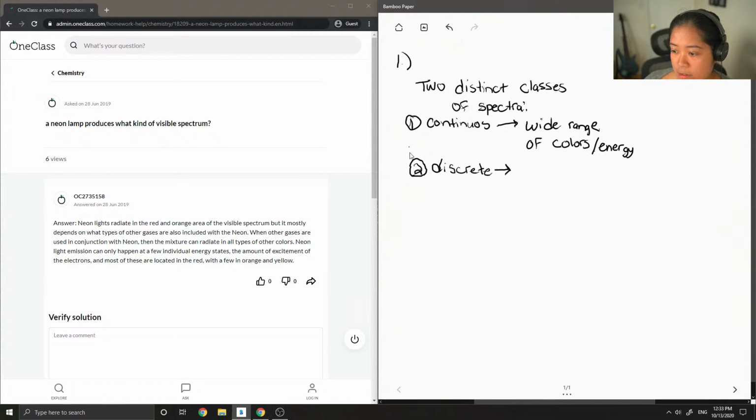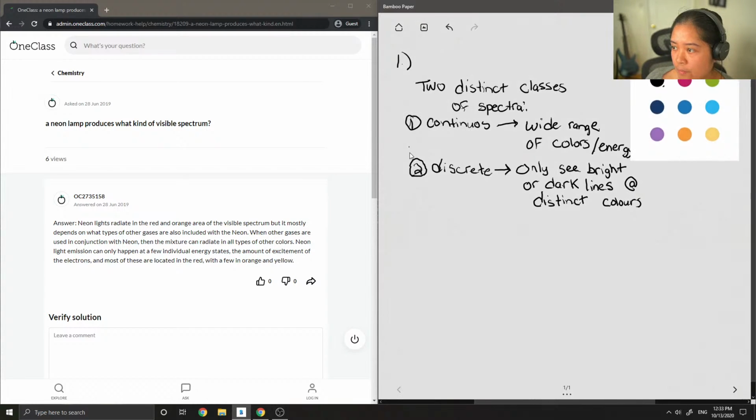With discrete spectra, you only see bright or dark lines at more distinct or defined colors. Okay, so that's a general overview of the types of spectra you could have.